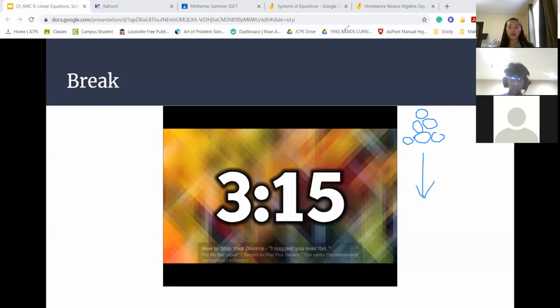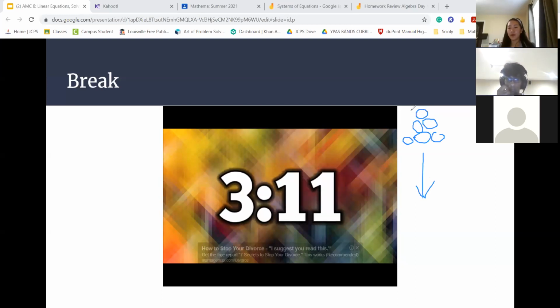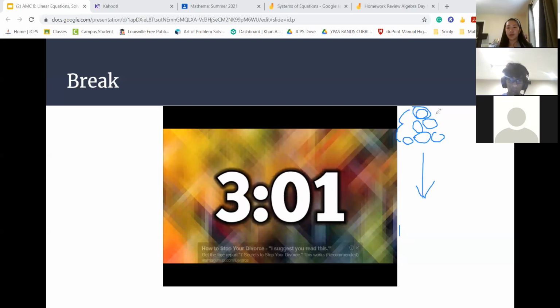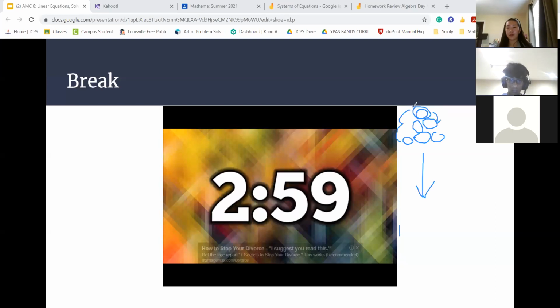Triangular numbers are the sum of the rows as you keep going. Our first term is just this lonely circle, so it'd be 1. Then our second triangular number would be both of these rows added together, so 1 plus 2 is 3.